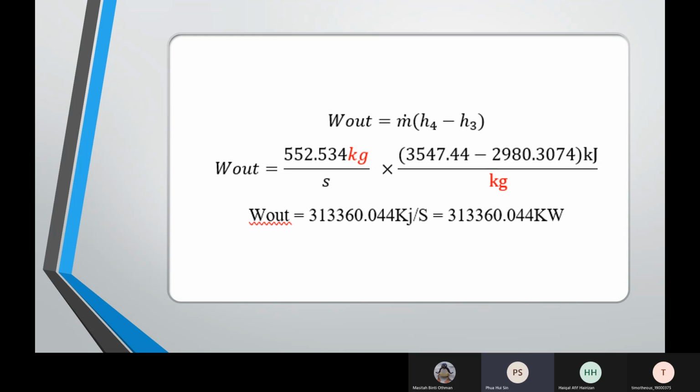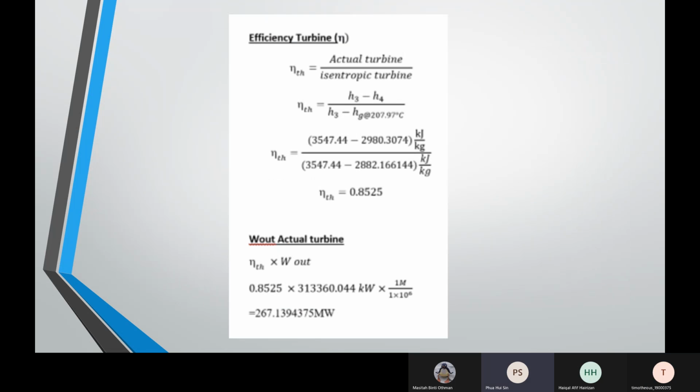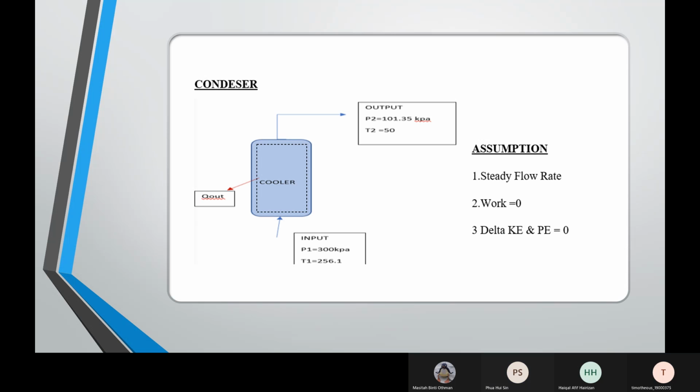The efficiency for the turbine is equal to 0.8525, and then we multiply with the work output, and we get the actual work output for the turbine, which is equal to 267.13 megawatts.